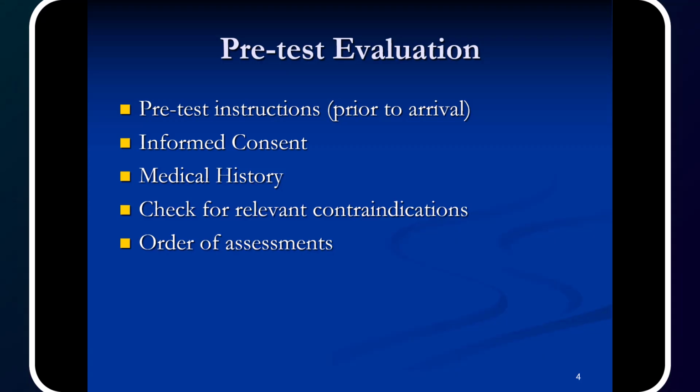There is a list of contraindications by the American College of Sports Medicine that if an individual has any of these, it's recommended that they should not undergo any exercise testing. And I'll show you that in the upcoming slides. And then the order of assessments is also something to consider.